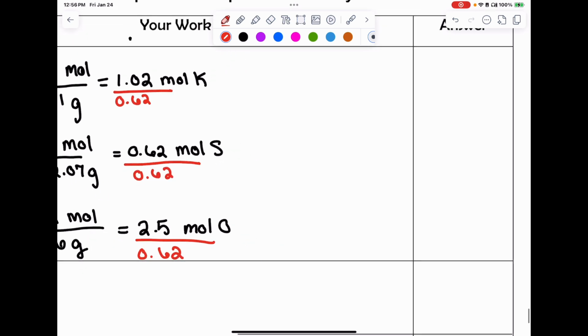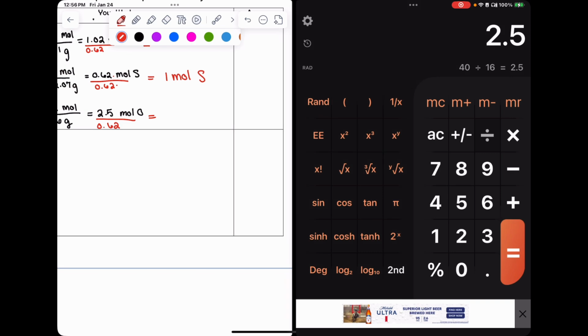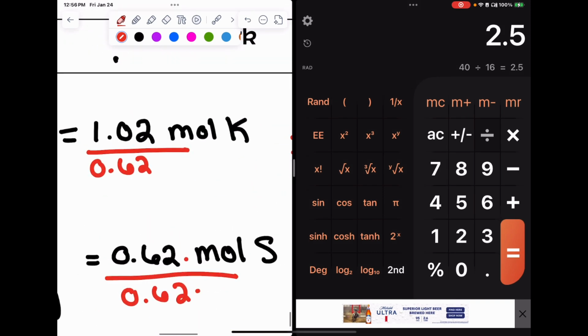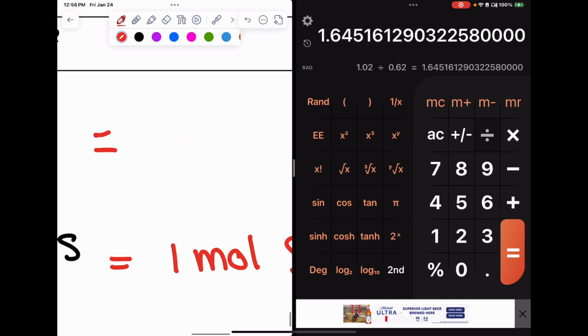I know for sure that this middle one, sulfur, same number on top and bottom, is going to give me 1 mole of S. This top one, let's plug it in. 1.02 divided by 0.62 gives us 1.6.